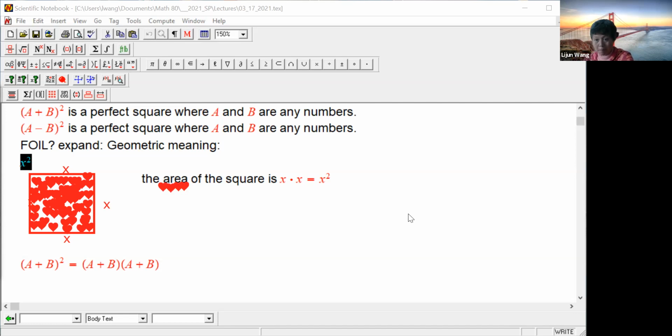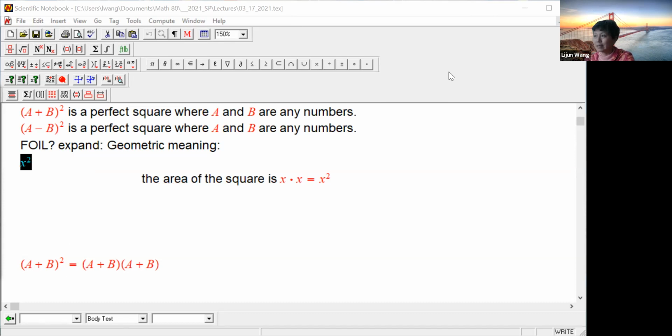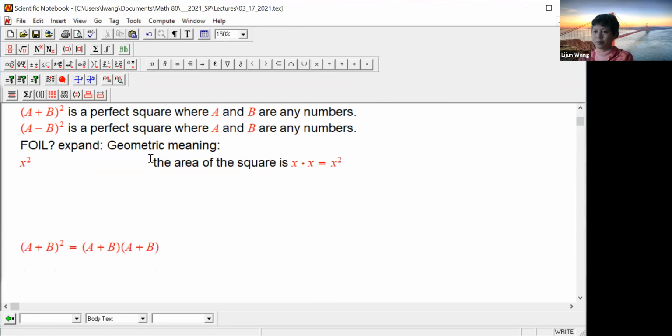Got it? So what is A plus B squared? Let me show you. The idea is similar.